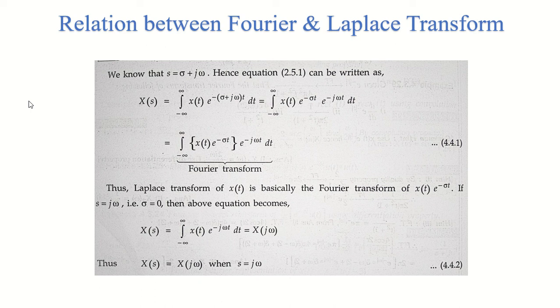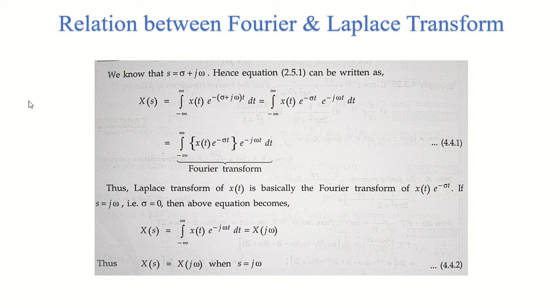So we all know that in Laplace transform the value of S is equal to sigma plus j omega, and we all know Laplace transform is basically a transform into the frequency domain.